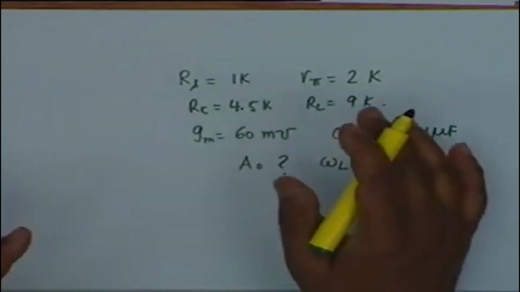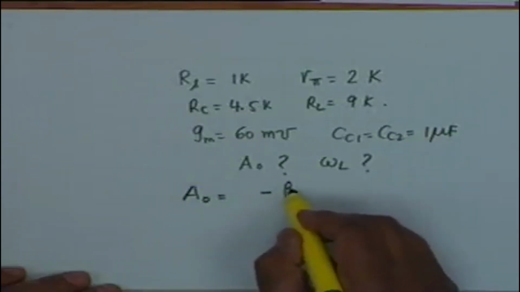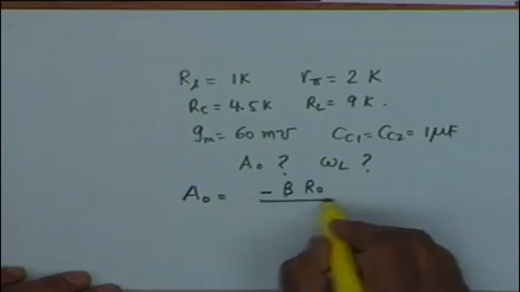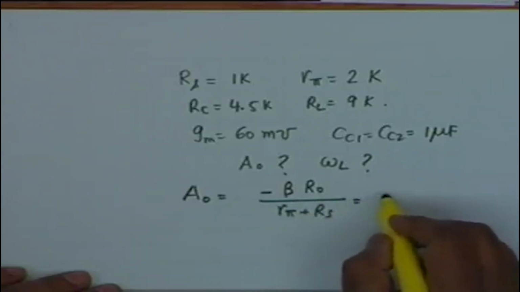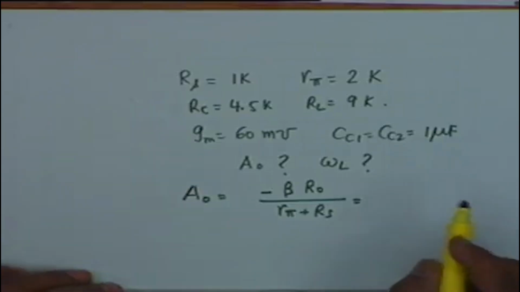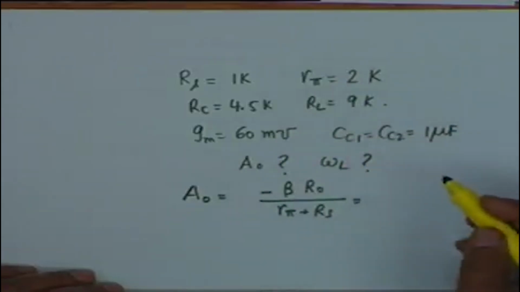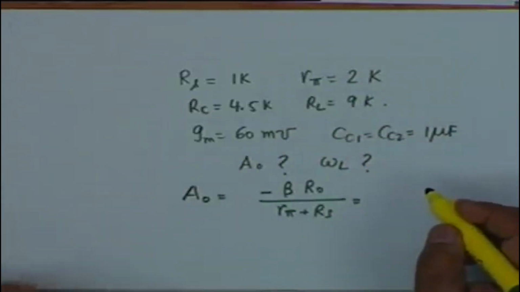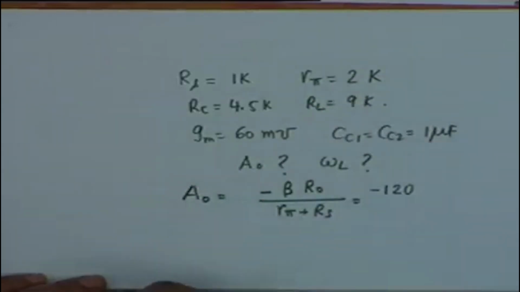This is not a design problem, this is an analysis problem. Now obviously what you can do is A0 is minus beta, if you remember, R0 divided by R pi plus Rs, and you simply substitute. Is beta given? No, beta is not given. R pi and GM are given, so beta must be 120. Is that right? 60 times 2 is 120.